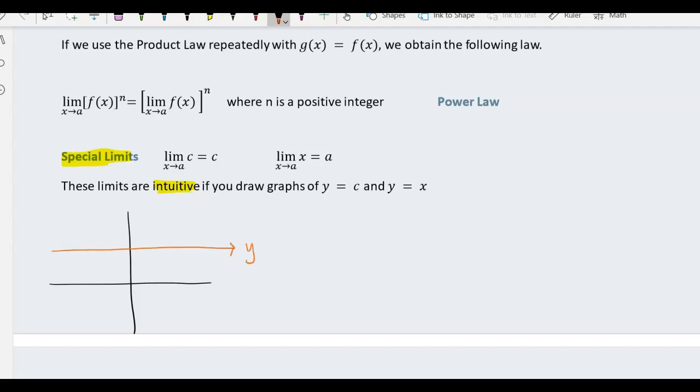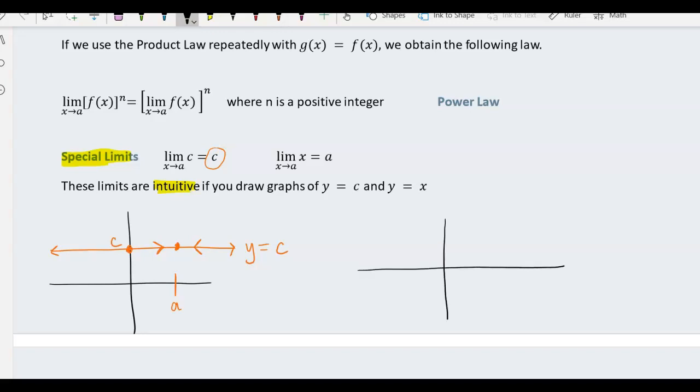So here's a line, y equals c. And let's have a be here. And we want to know what happens as x approaches from the left and x approaches from the right. Well, no matter where we are, the output value is going to be c every single time because this is a constant function. So looking at the graph, that seems kind of obvious.